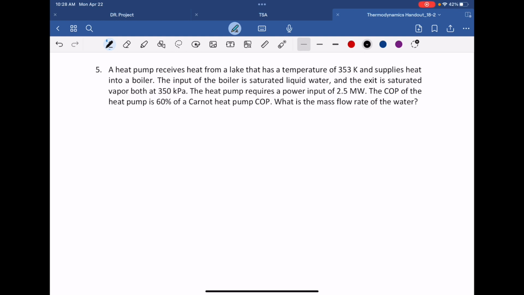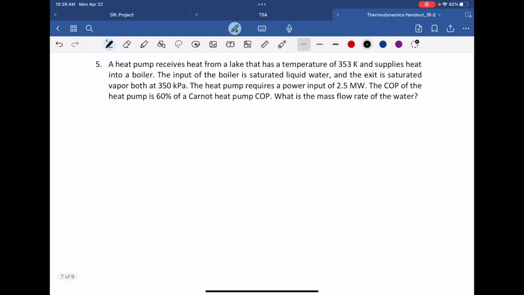A heat pump receives heat from a lake that has a temperature of 353 and supplies it into a boiler. Okay, so in between a source and the sink, our heat pump works, right? How does it work?